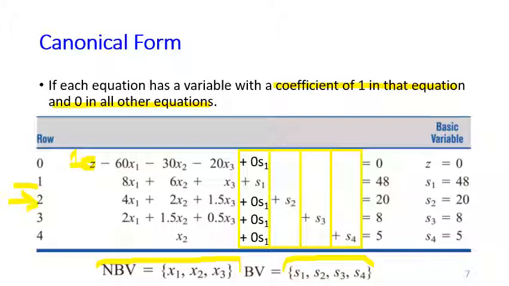If you look at the textbook, sometimes it also writes down z in the column of basic variable, but when we talk about basic variables, usually we only care about the variables that are not z. Okay, so that's about canonical form, and the information that we can get from the canonical form is which variables are basic variables and which variables are non-basic variables.